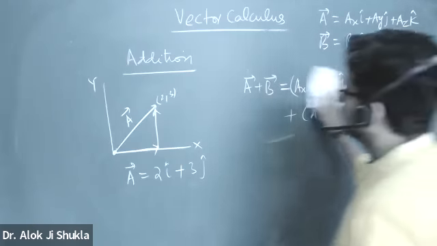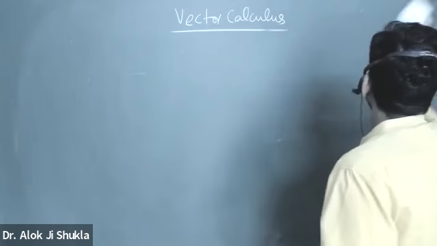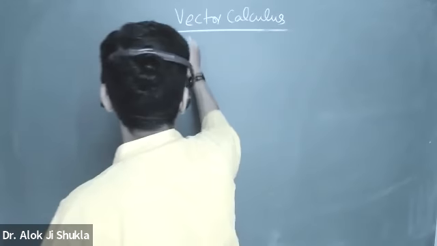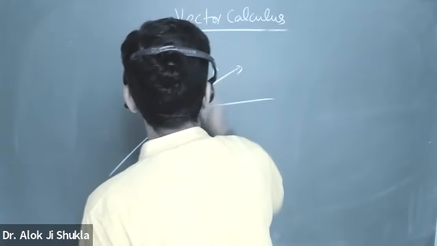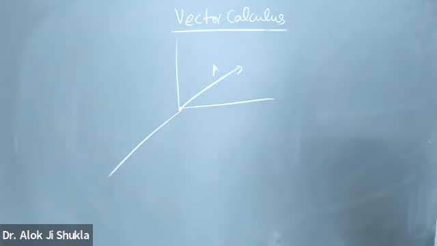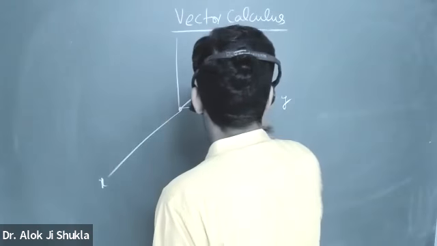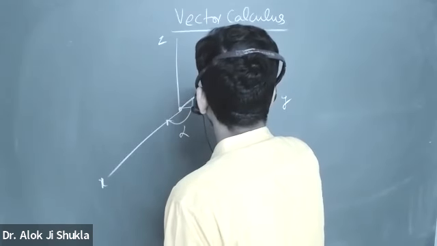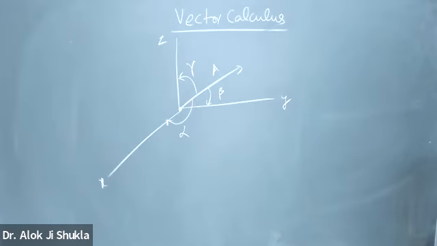And also, when you have a Cartesian coordinate system like this, and this is a three-dimensional vector, say A, and this makes angles alpha, beta, and gamma with the x, y, and z axis respectively.